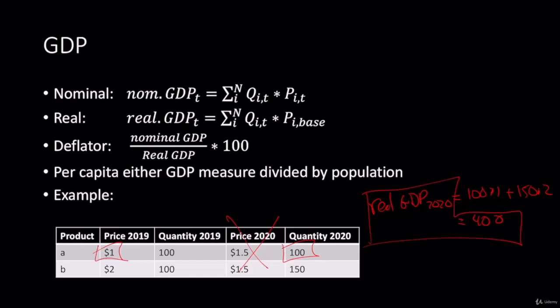And to get the deflator, I would just take nominal divided by real times 100. We said nominal GDP in 2020 was 375, and the GDP deflator is equal to nominal divided by real times 100, and that would be my GDP deflator.